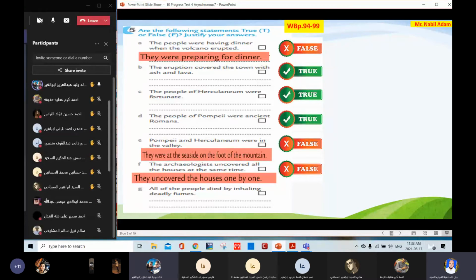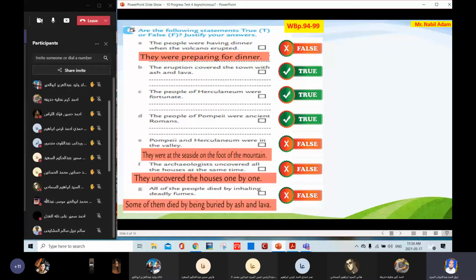Some of them died by being buried by ash and lava.